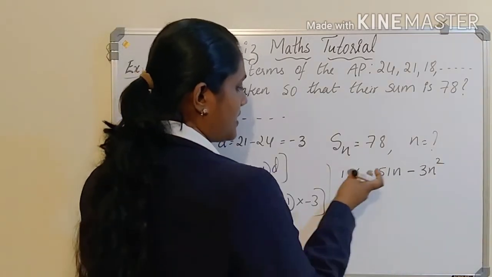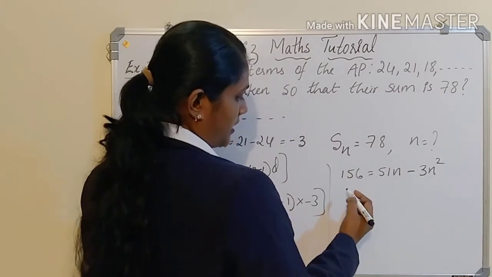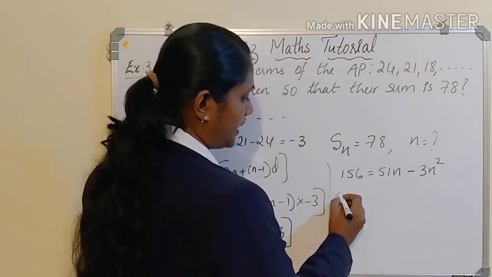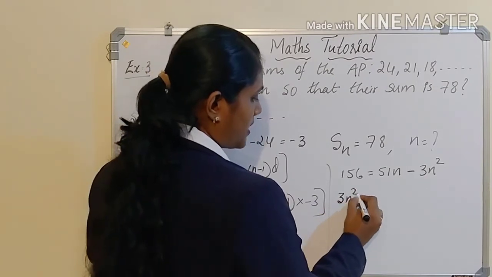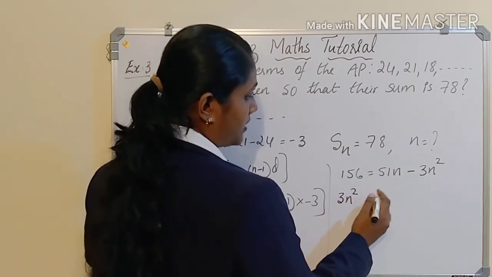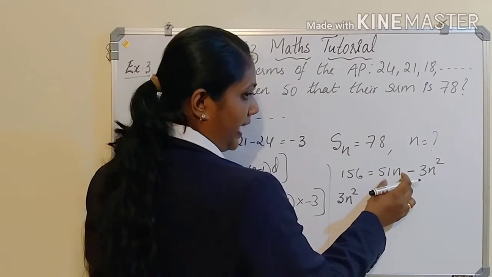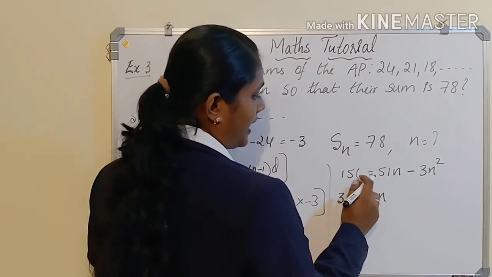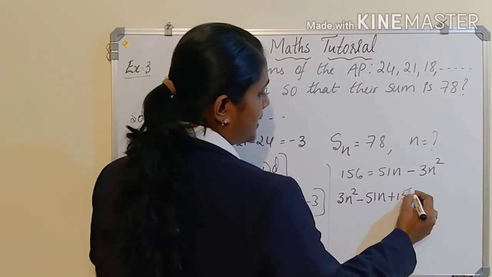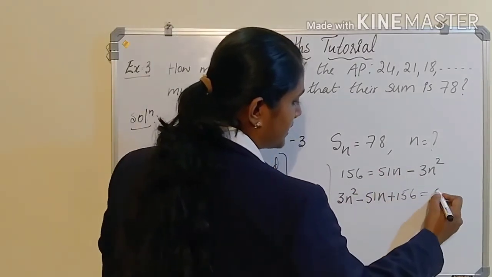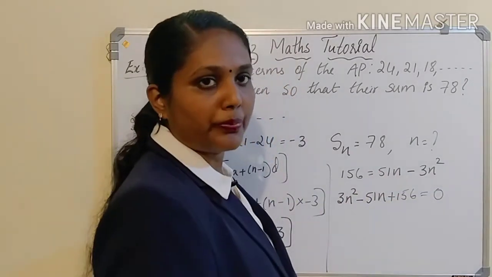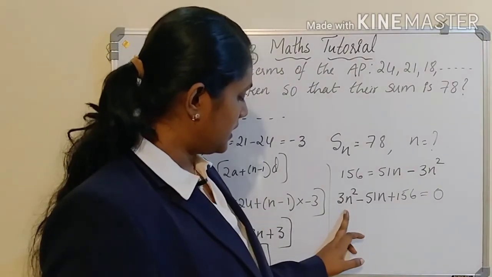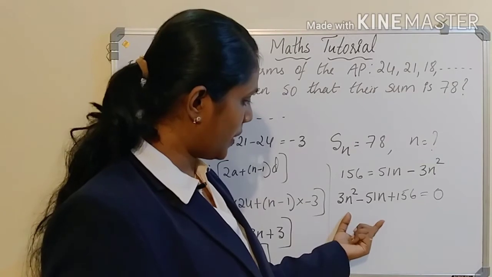So take all this to this side. When I am taking 3n square to this side, it becomes positive 3n square, and when I take 51n to this side, that gives you minus 51n, and here plus 156, and here nothing, so that is equal to 0. Now you have to simplify this equation.